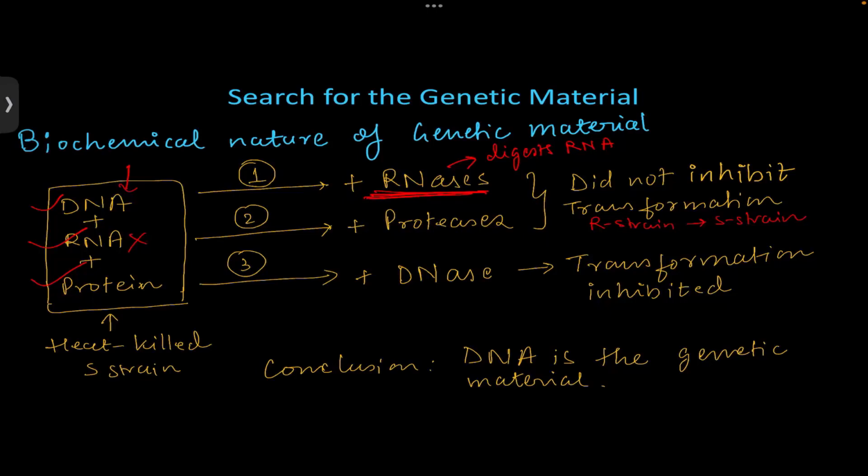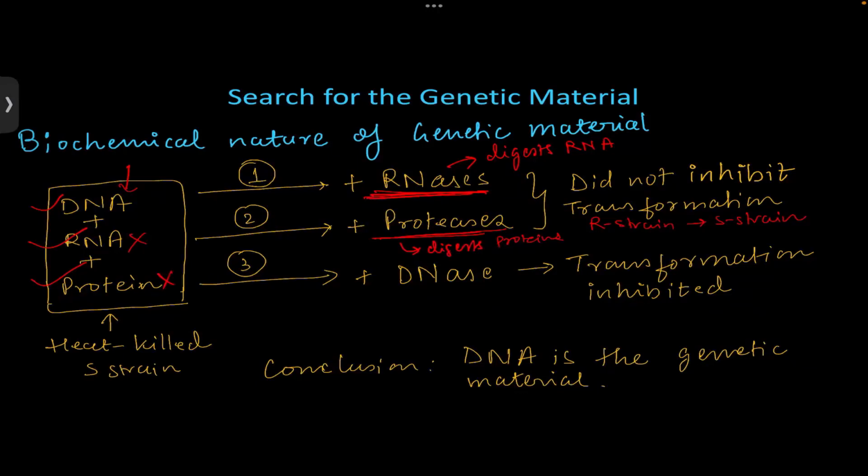Now in the second set of experiments, instead of adding RNase, they added proteases. Now these are again hydrolytic enzymes which digest proteins. So in the presence of proteases, protein will be digested.